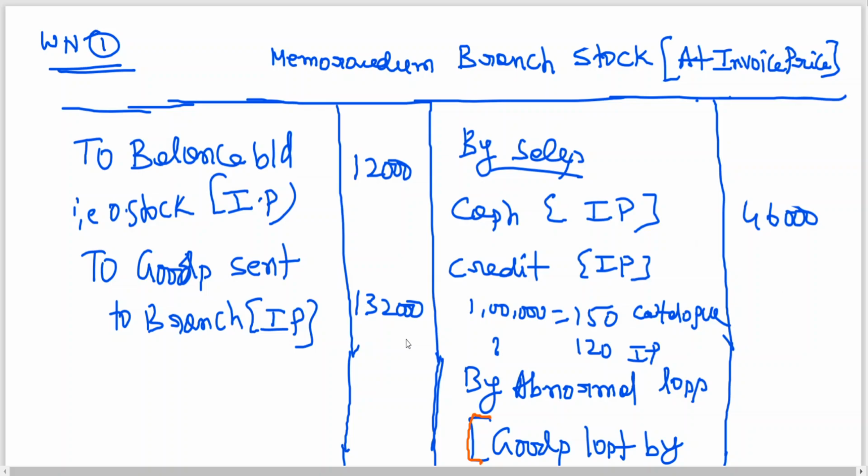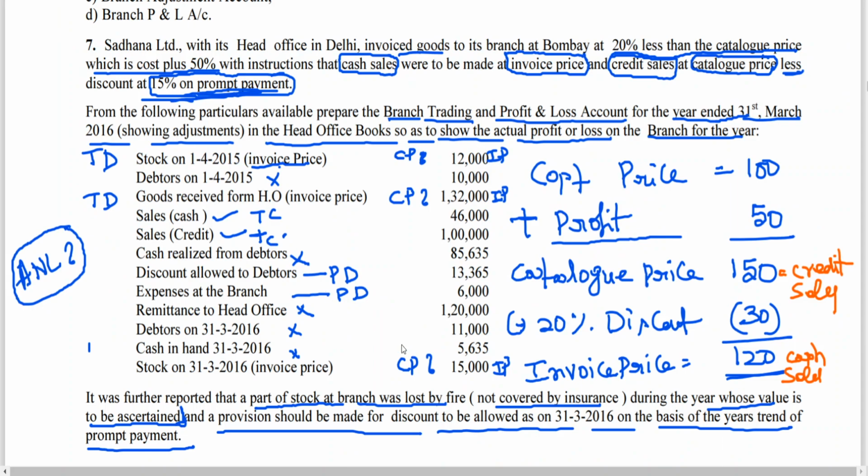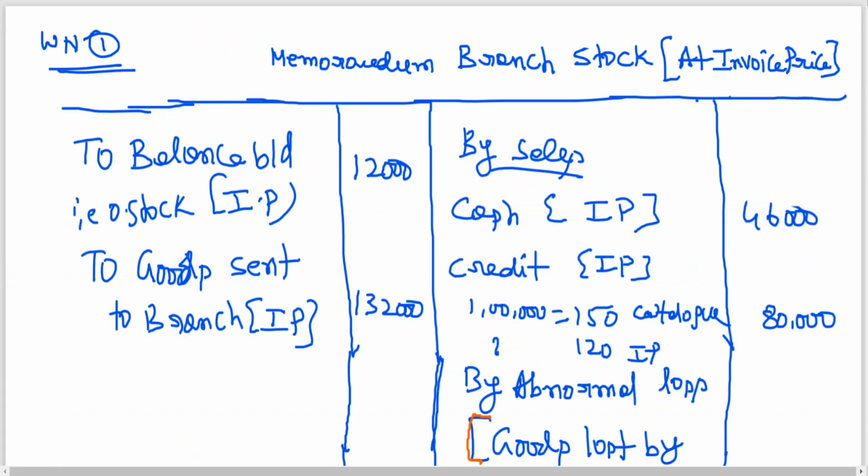You are getting 80,000 rupees, which is credit sales at invoice price. Now we also have the closing stock 15,000 at invoice price.